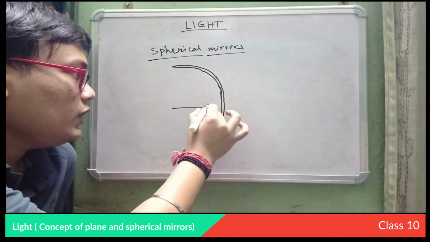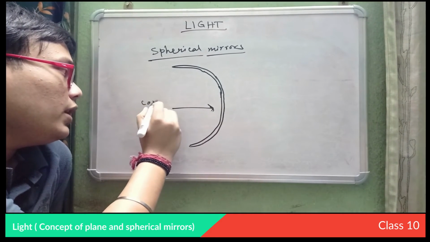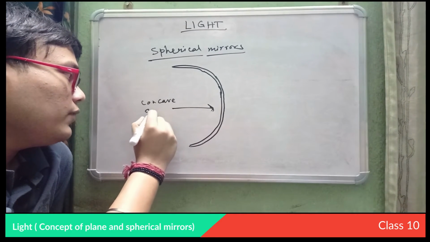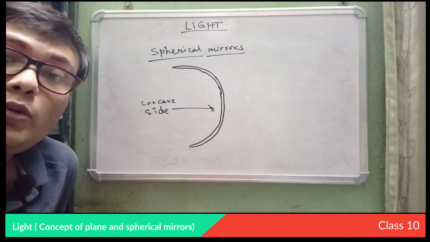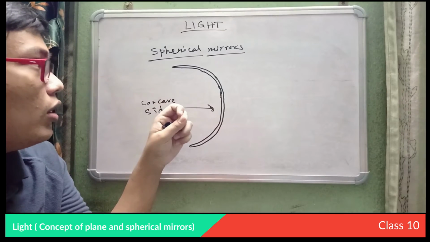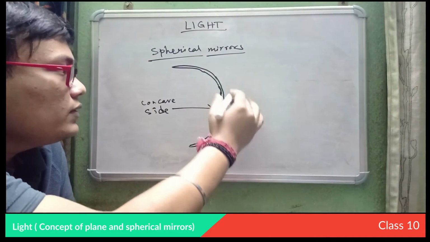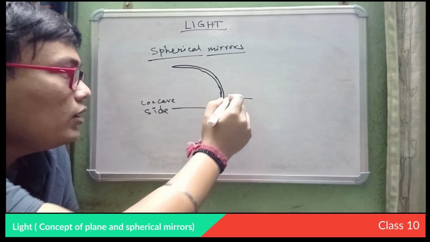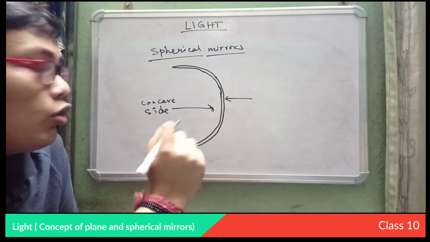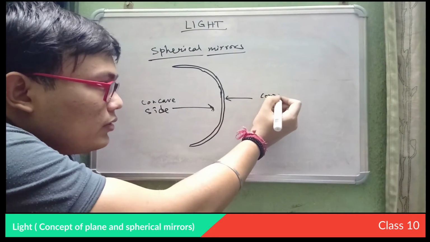This side is bulging inwards, so it is known as the concave side. I'm not talking about mirrors, mind you. This side, which is bulging outwards, is known as the convex side.